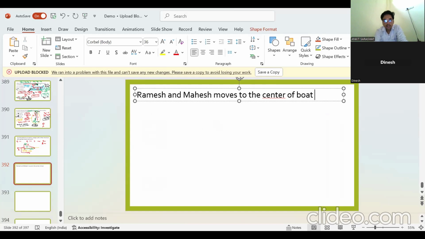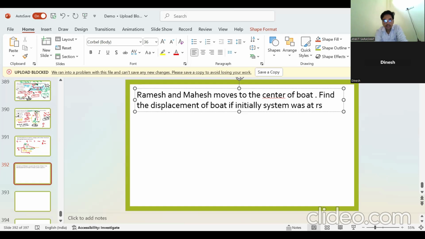Find the displacement of the boat if initially the system was at rest.